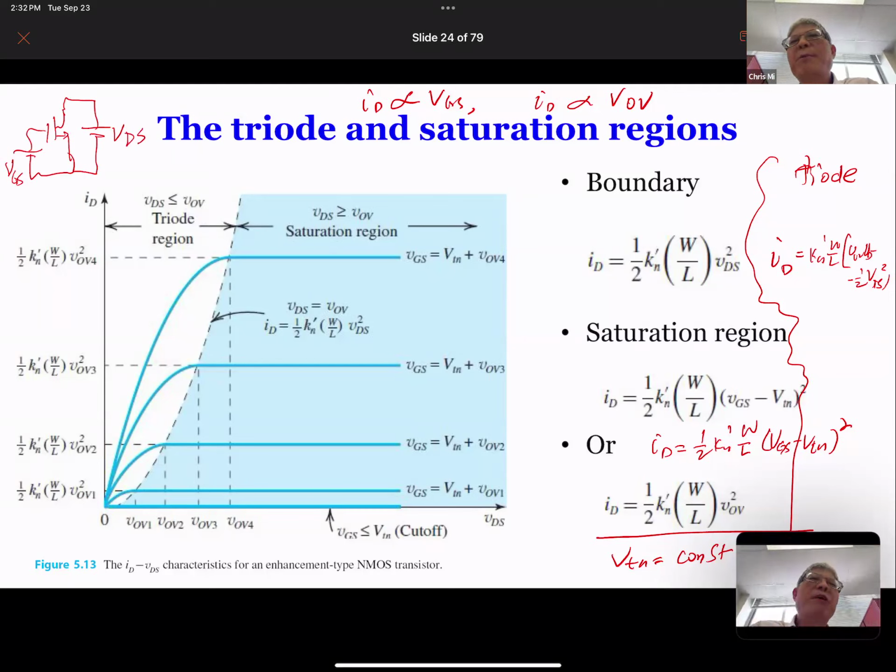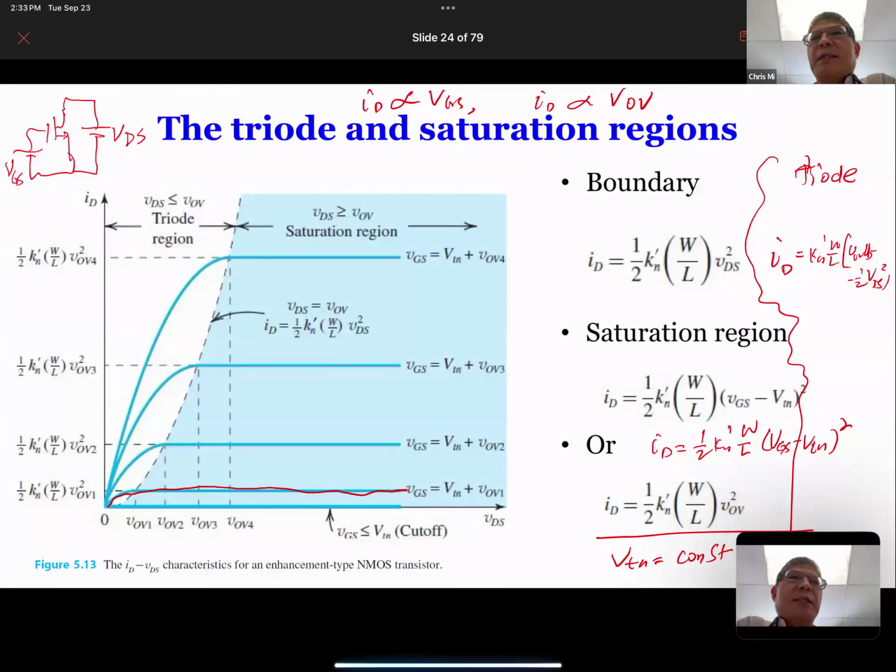You can fix one variable and find the current. For example, if you fix VGS, you can find the current as a variable.